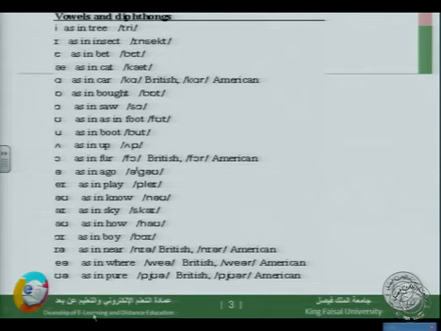Do you remember the E sound? The E, like tree, free.